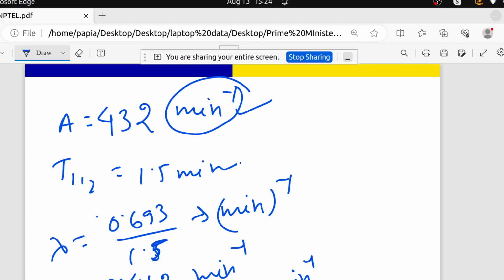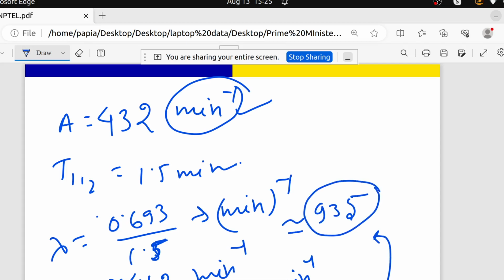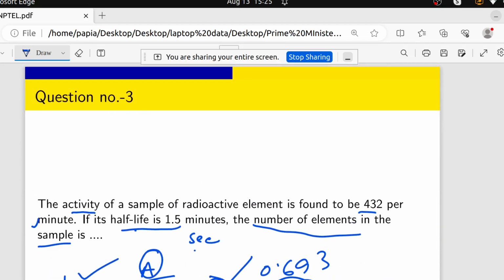Then let me just do 432 divided by this one, so it is 935.06. But here you can see that the number of parent nuclei is an integer, so obviously it should be approximately 935. So N will be 935, whatever it is, the answer will be 935.